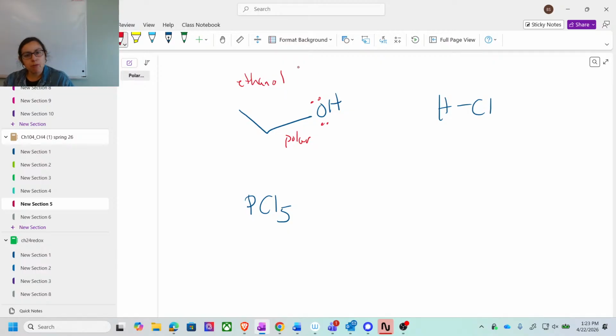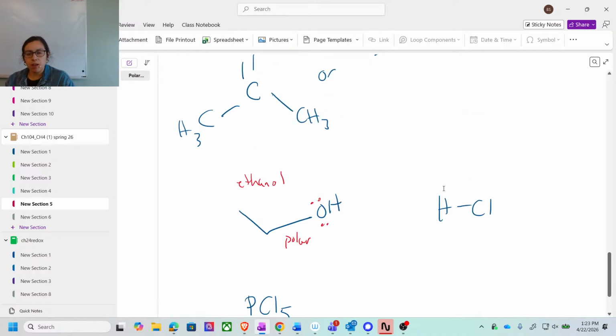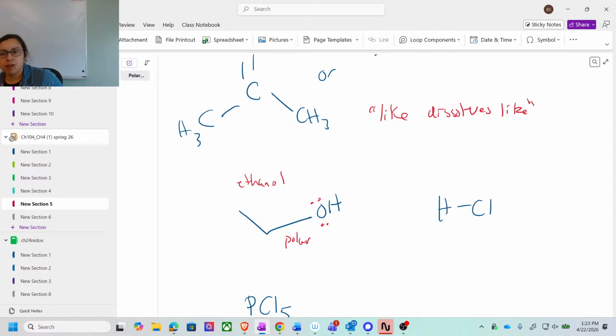And if you remember, ethanol is miscible with water. So that makes sense. That goes into the saying, like dissolves like, which gets into our demo too, because some people are asking whether the light bulb demo would work with another solvent.